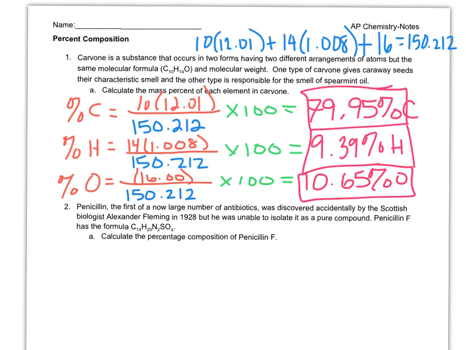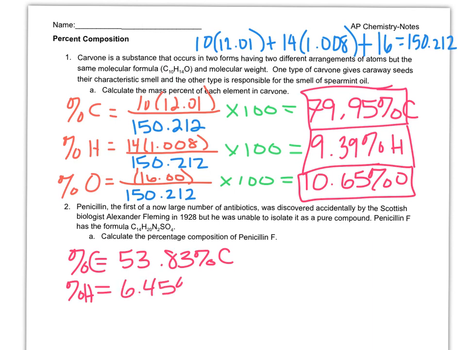And here come your answers. If you haven't stopped it, stop it now. Percent carbon should be 53.83%. Percent hydrogen should be 6.45%.